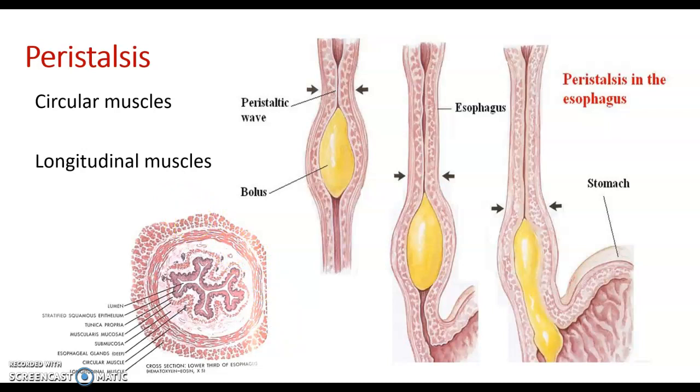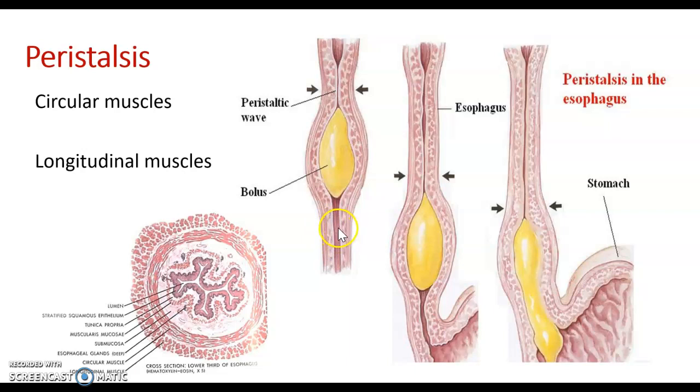And once that bolus is detected, the circular muscles are going to pinch behind the bolus, and the longitudinal muscles are going to open up in front of the bolus, allowing there to be more space in the lumen, and that's going to push that bolus all the way down the esophagus, or all the way through our small and large intestine, as we'll see as we move through.